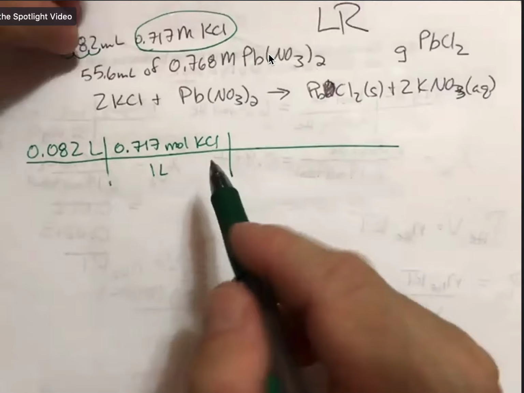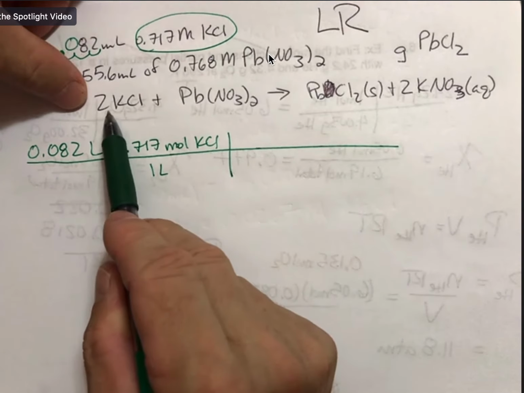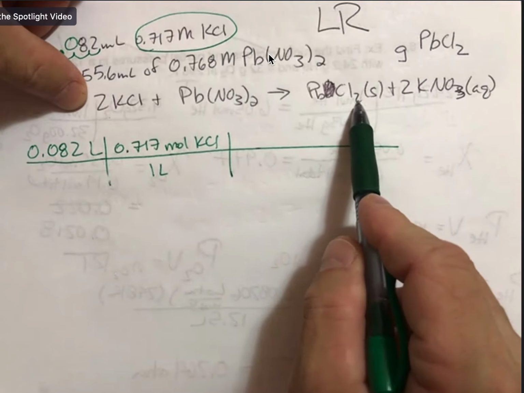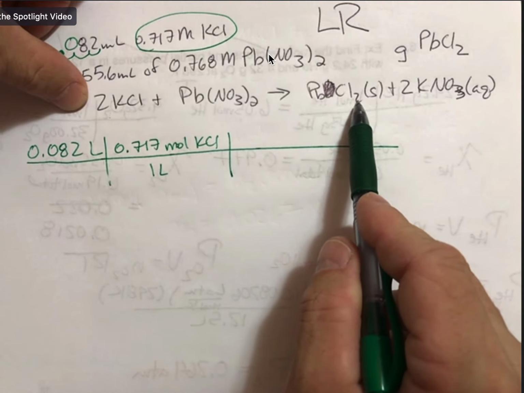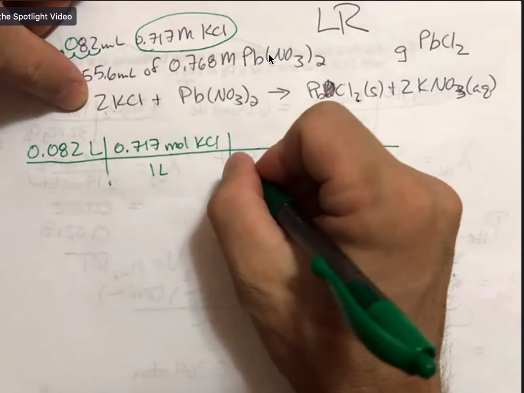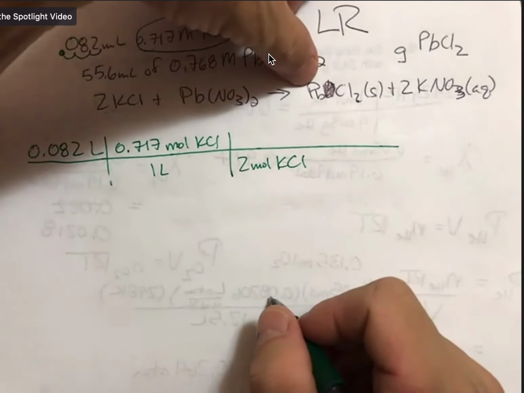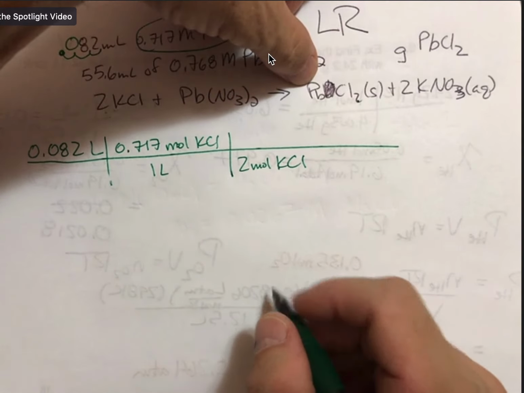Then I need a mole-to-mole conversion. I need to turn my moles of potassium chloride into moles of lead 2 chloride. I see that it takes 2 moles of potassium chloride reacted for every 1 mole of lead 2 chloride produced.